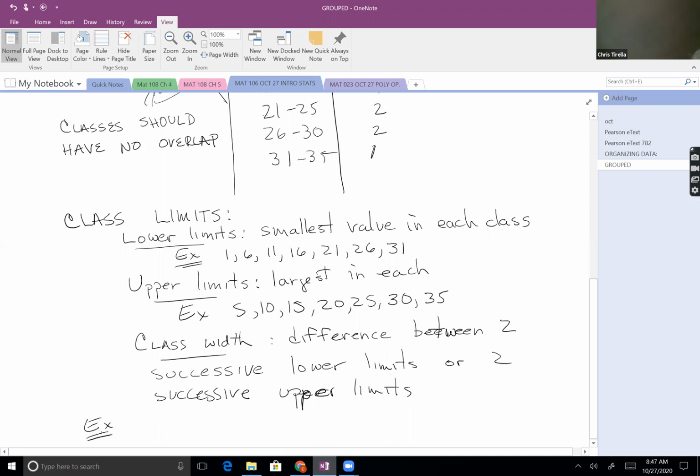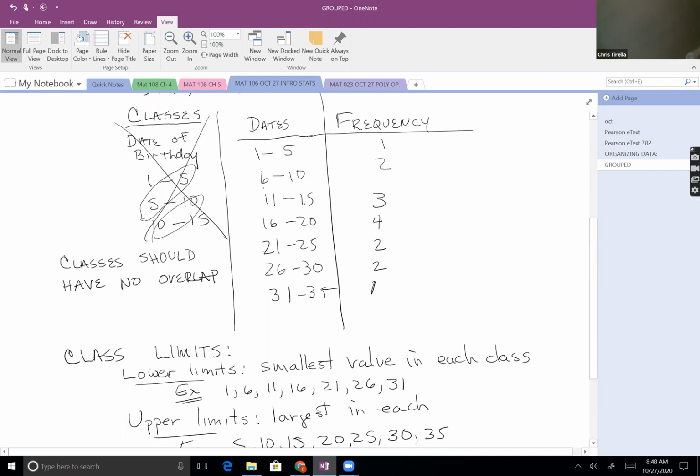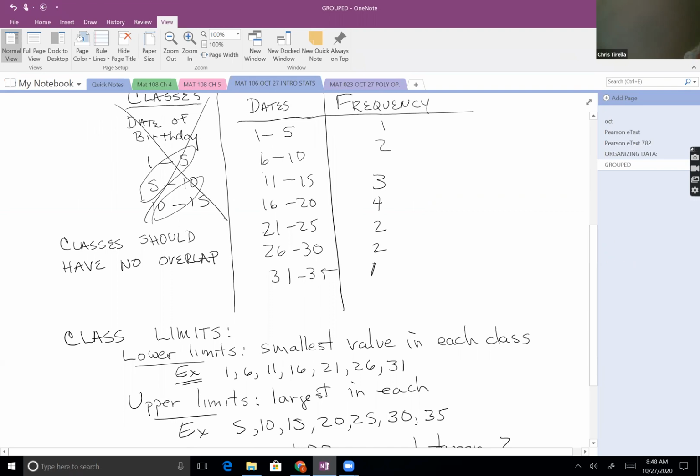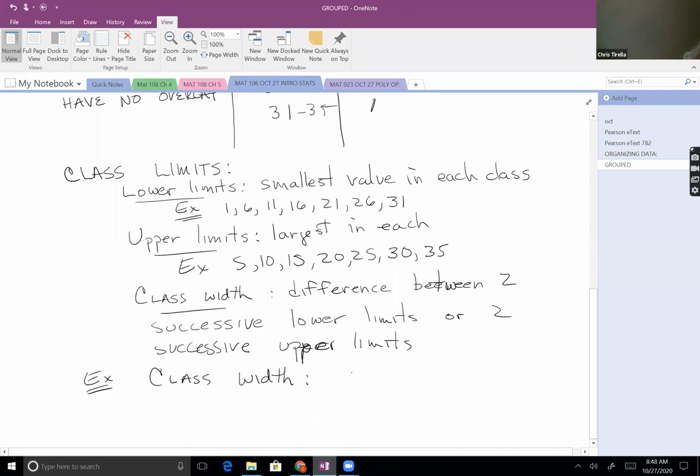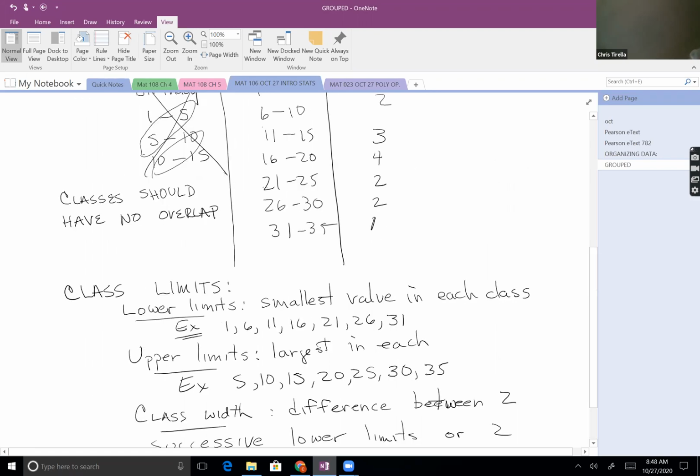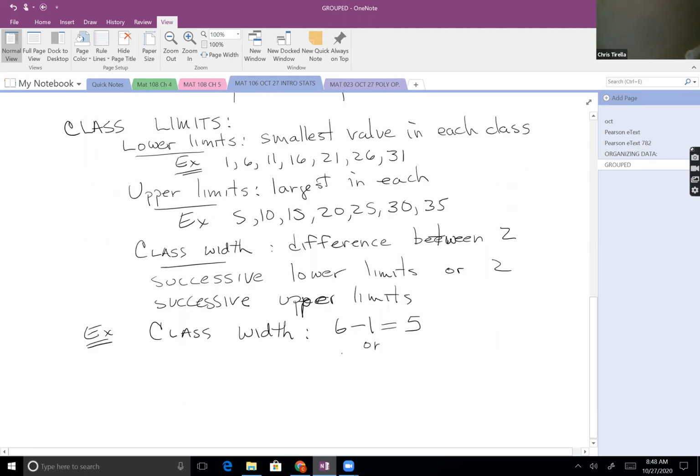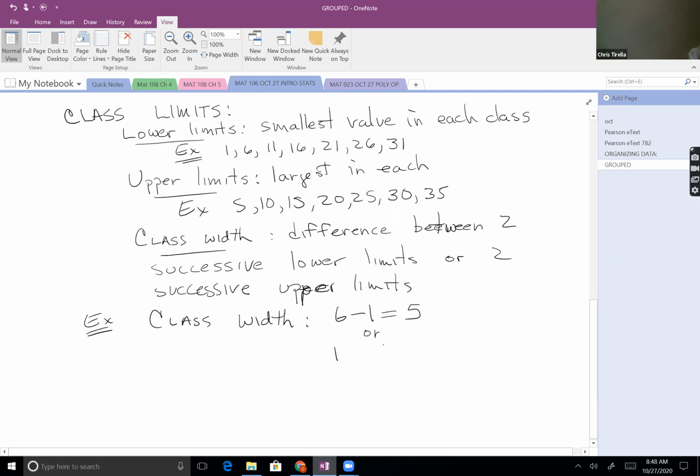So for example, with this table, if I wanted the class width, I'm going to look at, let's say, the first two lower limits. The class width would be 6 minus 1, or 5. Or I could use two successive upper limits, 10 minus 5, which would also be 5.